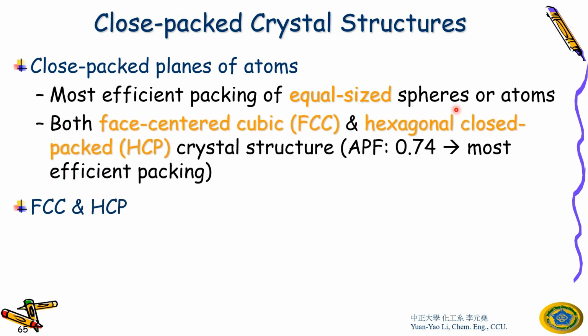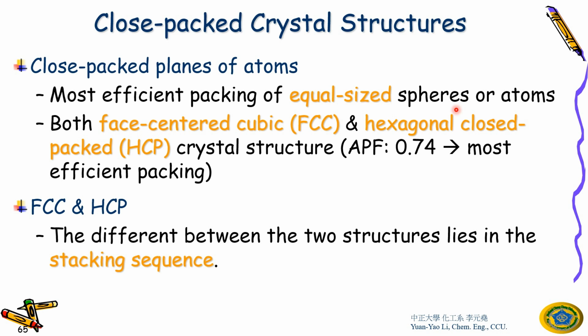Both FCC and HCP crystal structures have the most efficient packing, so the density is high, 0.74. However, these two present the same packing, but their packing sequences are different. The differences between the two structures lie in the packing sequences.